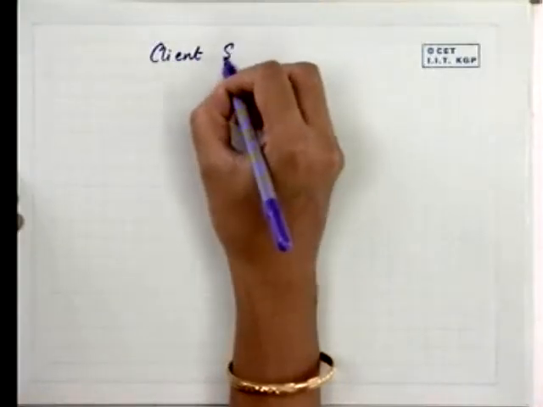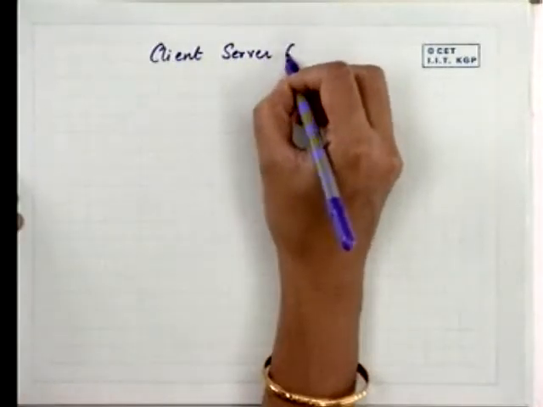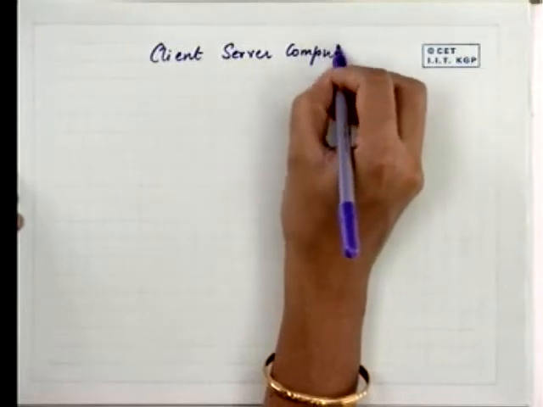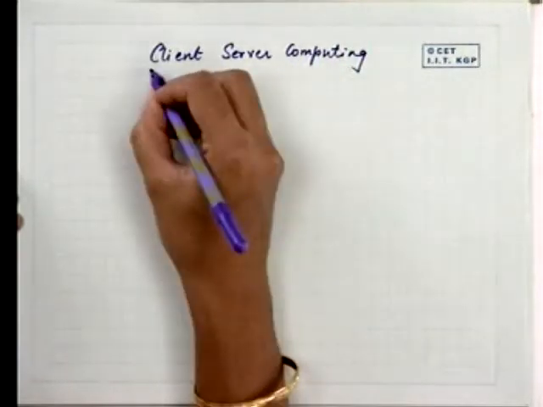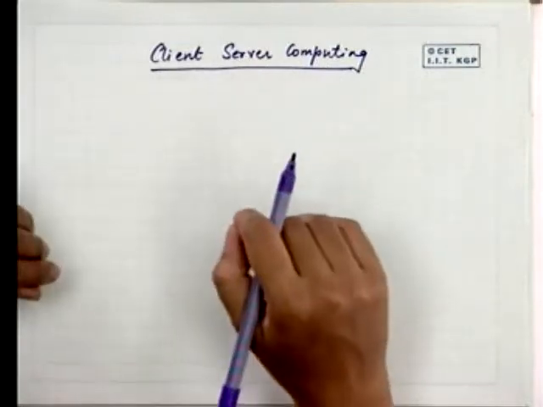Today's topic is client-server computing. So before we define what client-server computing is, let us look at the historic development up to the stage when we have client-server computing today. In the 1960s and 70s, when computers were used, computing was mainly based on mainframes.